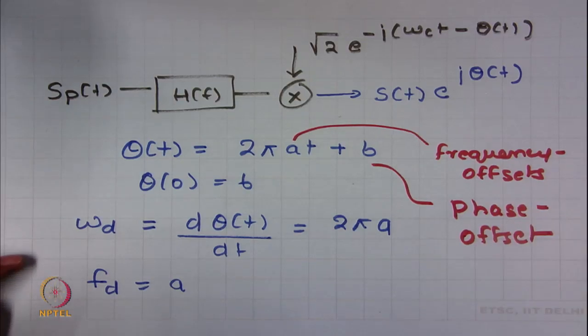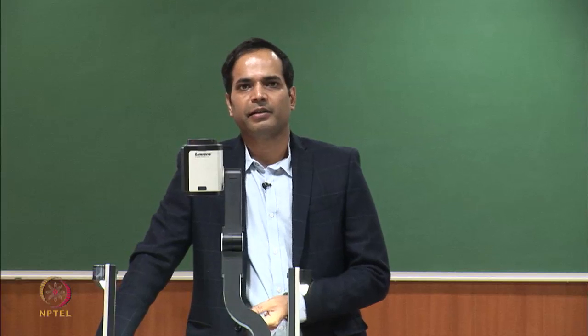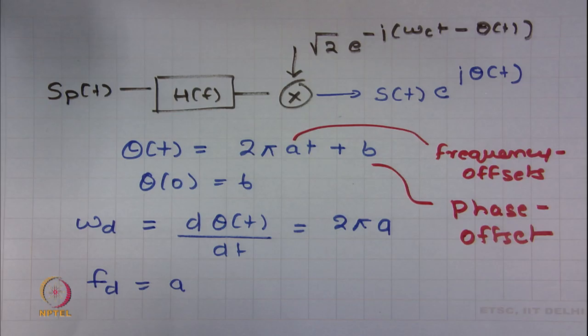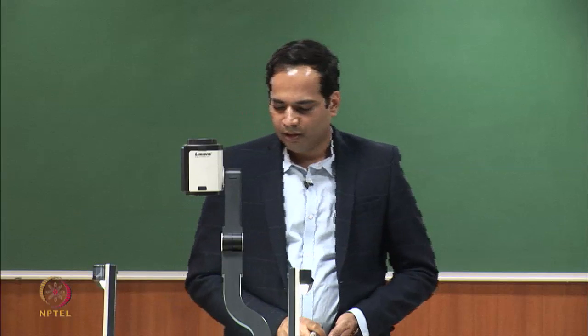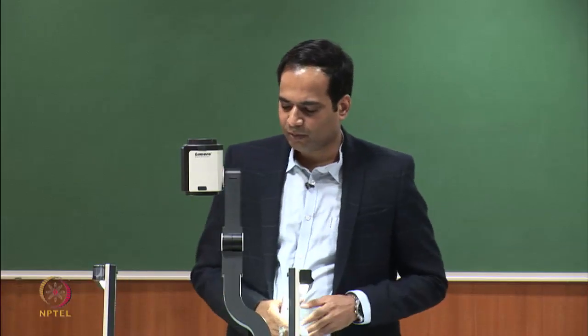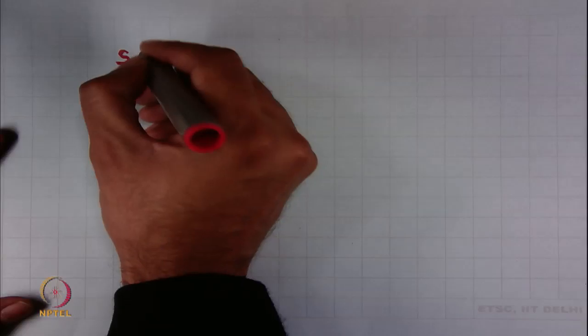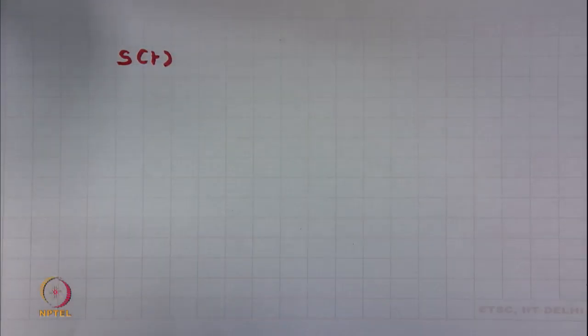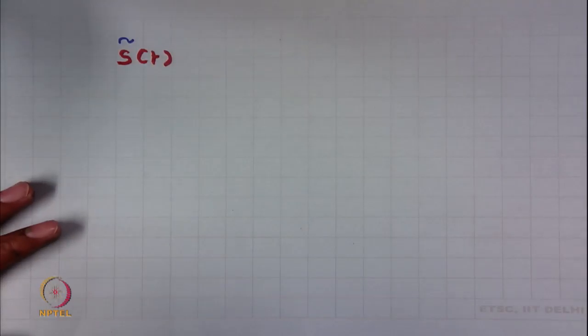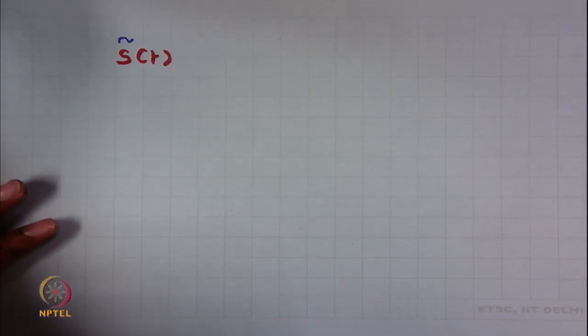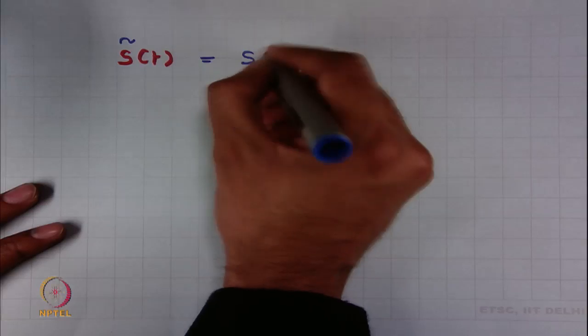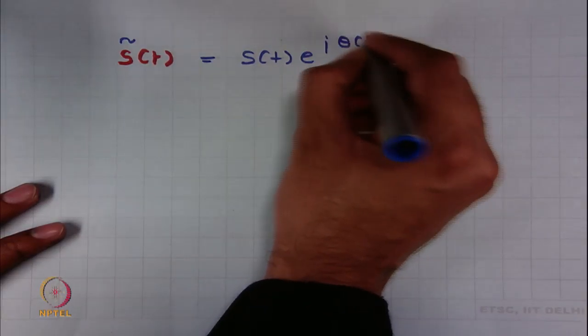Now, because of this theta t, the phase of the carrier is different from the carrier which I used at the transmitter, and also the frequency of the carrier is different, and one simple expression like this captures both these effects. Now, let us see what happens because of these phase and frequency offsets. What I am receiving, let me call it ST tilde, because I am receiving something different from what was transmitted, is ST e to the power j theta t.